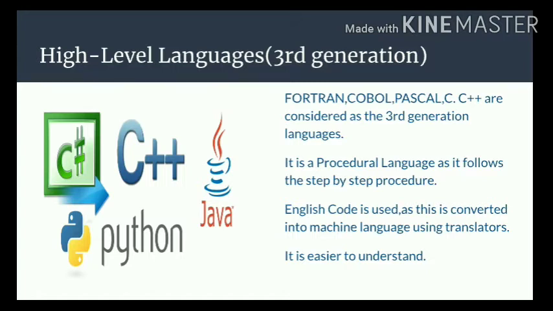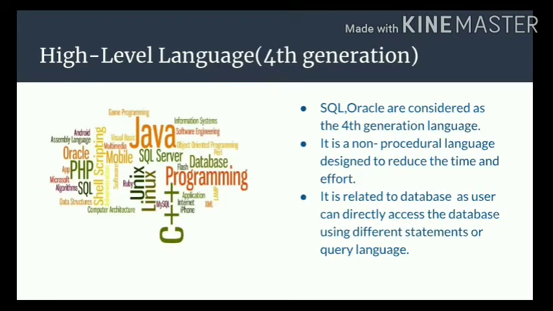Next is the fourth generation language, in which SQL and Oracle are considered fourth generation languages. It is a non-procedural language in which you only have to define what is required, but in procedural languages you have to know how it is to be done.